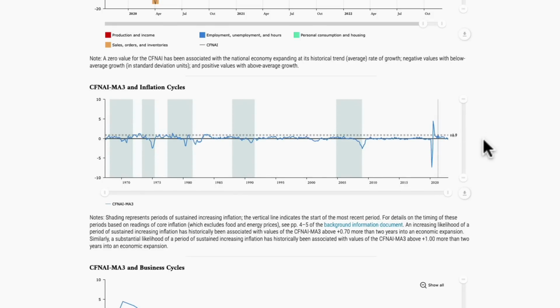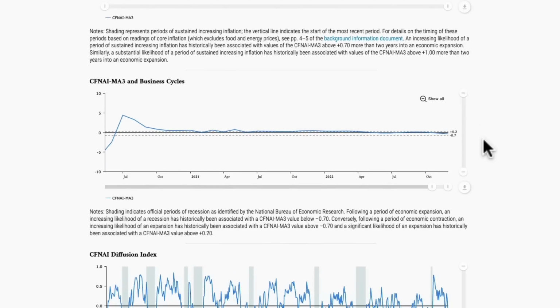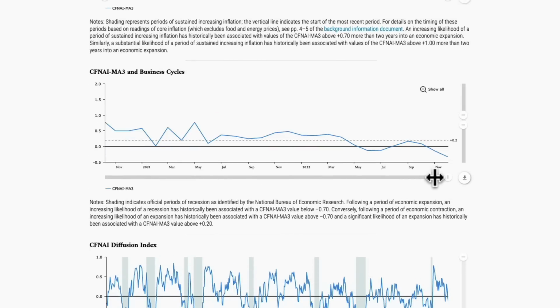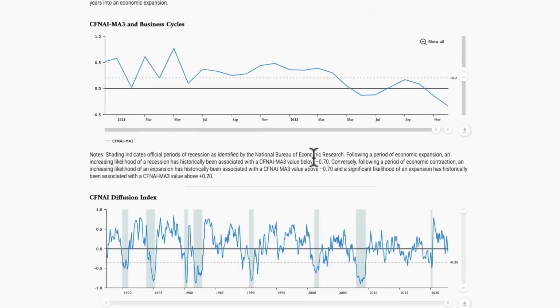So this gives you a chart with inflation cycles. This is with business cycles. We can zoom in here as close as we can. And it tells you here, following a period of economic expansion, increasing likelihood of recession has historically been associated with a value below negative 0.7. And we're sitting down here at negative 0.33.